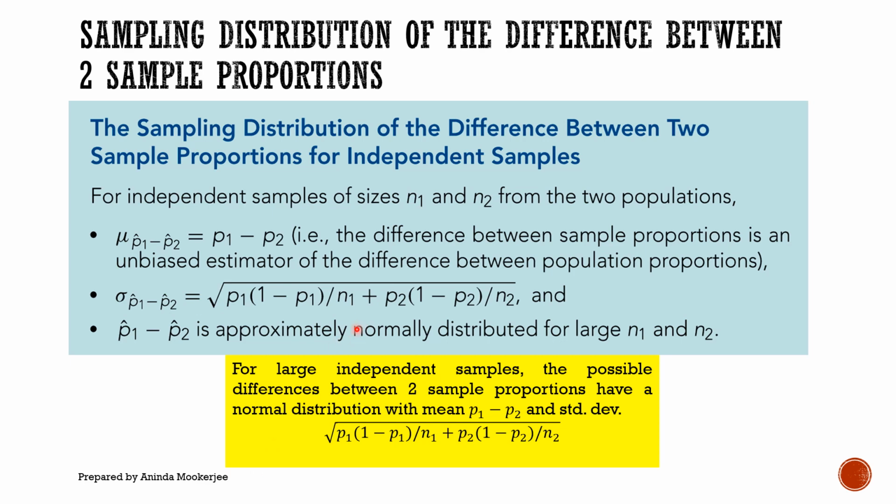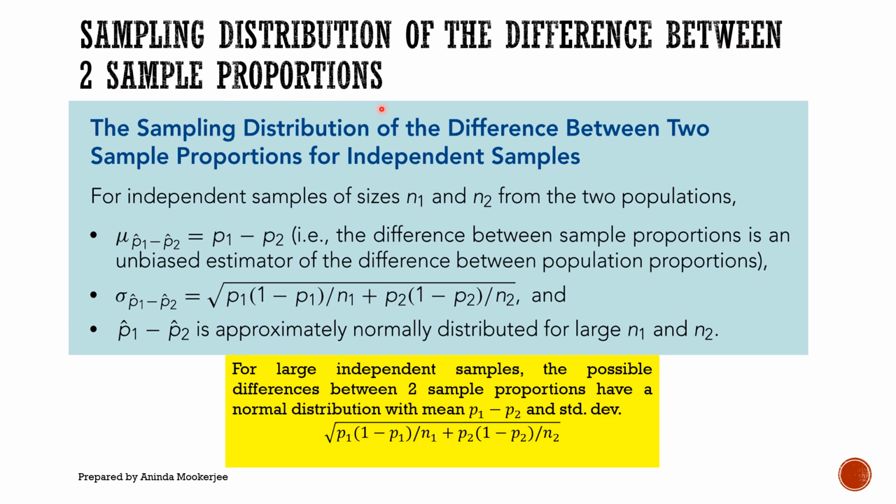Now, as with any other inferential study, we first have to look at the sampling distribution before we go into the inferential study, because the sampling distribution decides the formula. It helps to build the formula that we are going to use to find our test statistic values and what distributions we are going to use, right? So here it's a sampling distribution of the difference between two sample proportions.